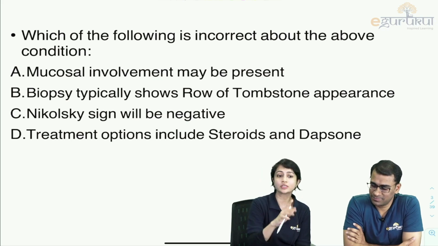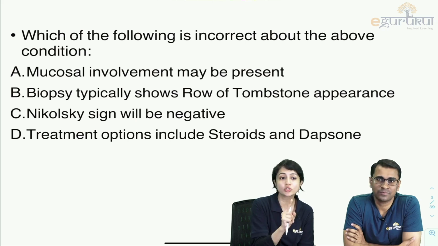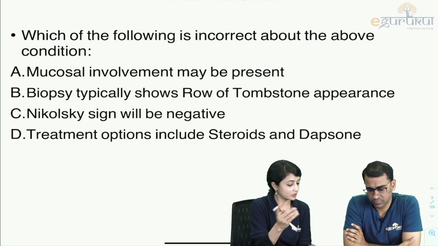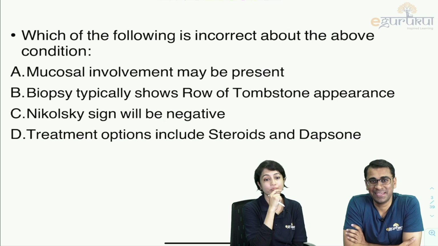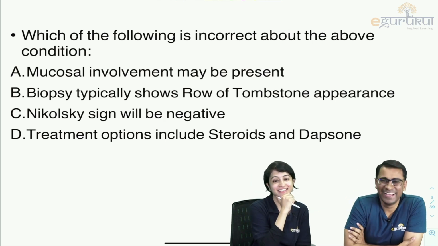So a lot of times you see this, you think this is vulgaris. So remember, I told you bullous pemphigoid can also have mucosal involvement in 30% of the cases. So this, Dr. Praveen, becomes a correct statement. Whenever this option is given, take it as true. I think you're right.